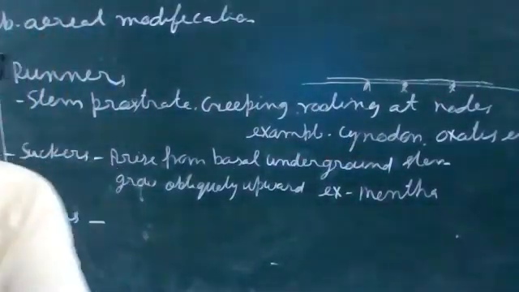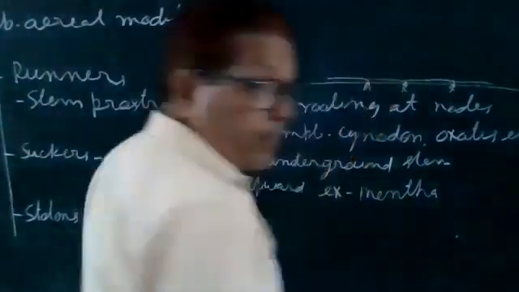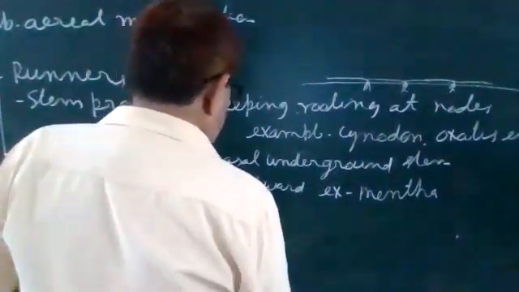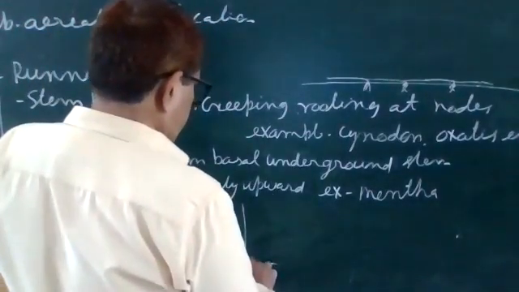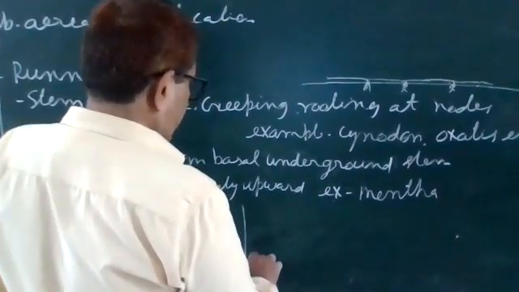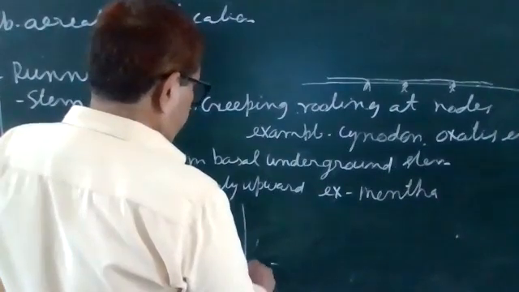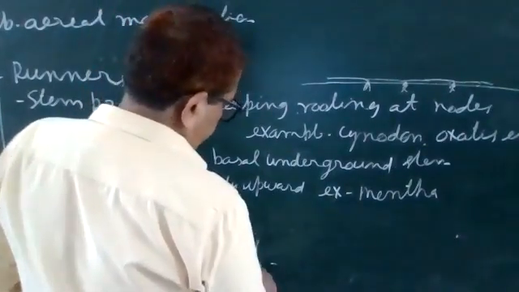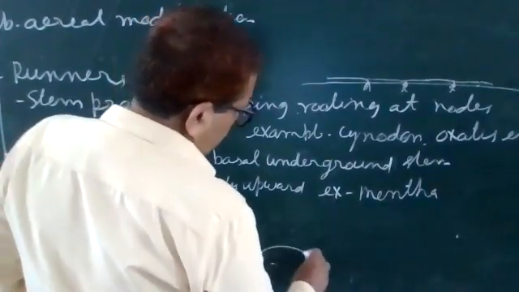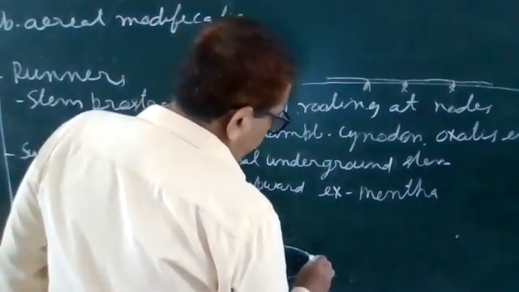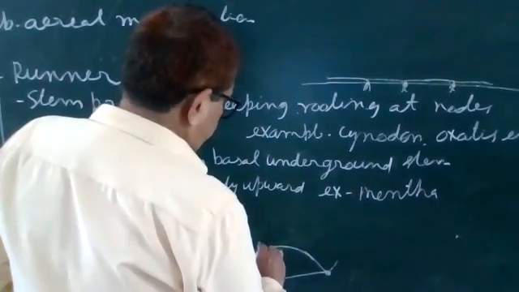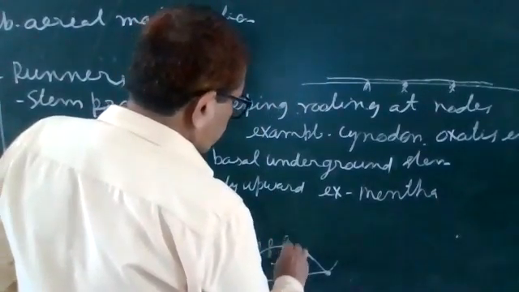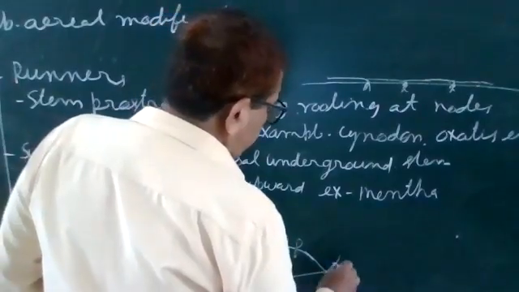In the case of a stolon, suppose this is the main plant, and one branch moves vertically and then makes an arc downward. Roots come down, and these are the leaves of the plant, and the roots coming out.